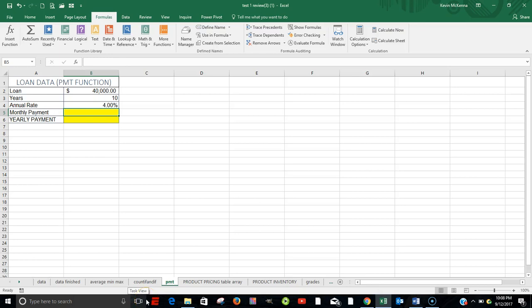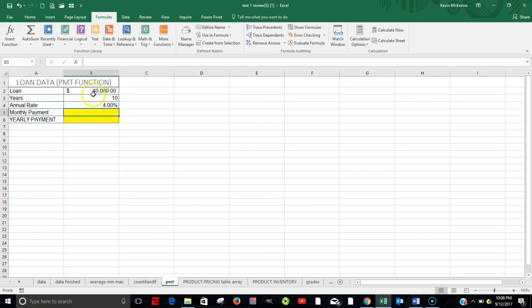In this next video, we're going to look at the PMT function, which is one of the more relevant and powerful of all Excel functions. Basically, it calculates what your payment will be for a loan based upon the size of the loan, the number of years that you have the loan for, and then lastly, the annual interest rate.